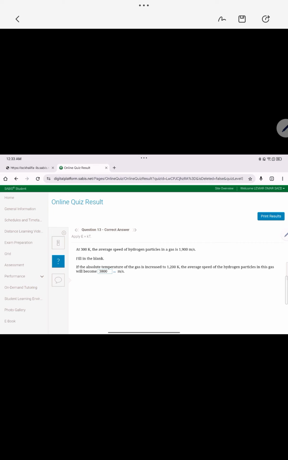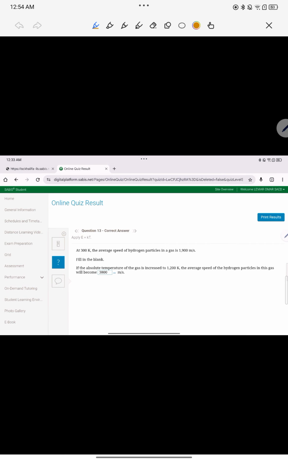Okay, now new formula, which is average speed is equal to radical temperature, which is basically S2 over S1 equal to radical T2 over T1.